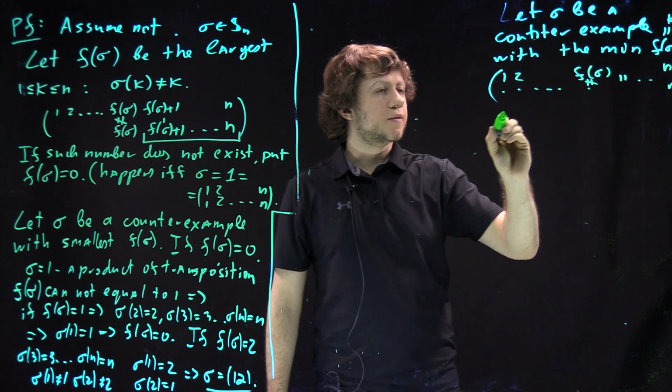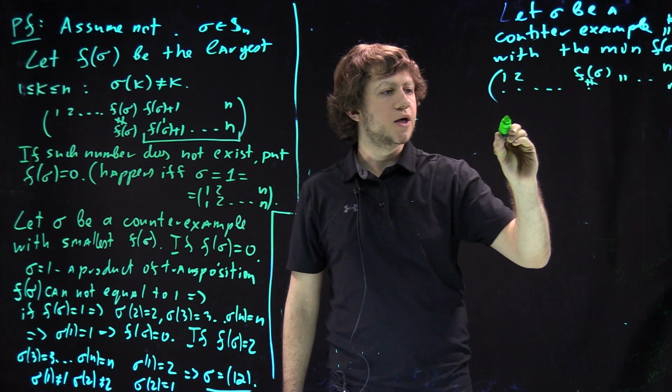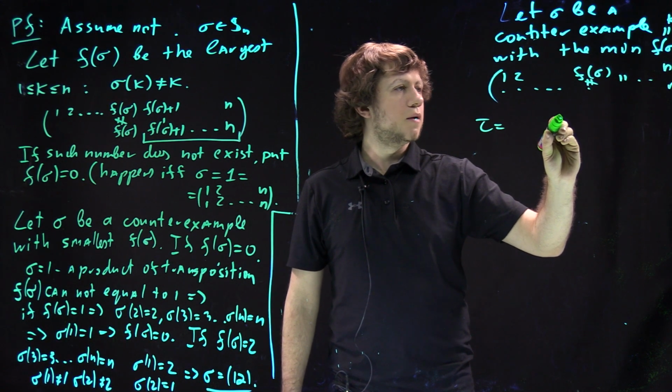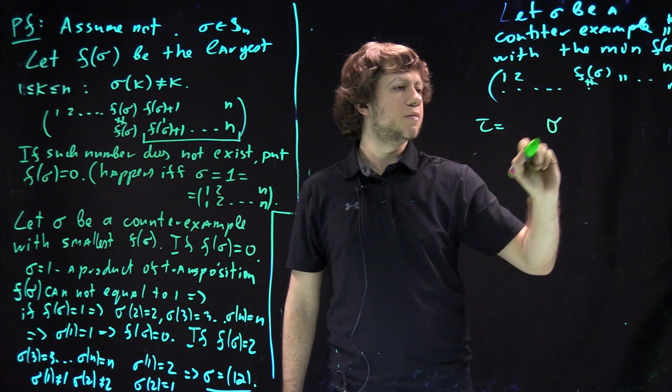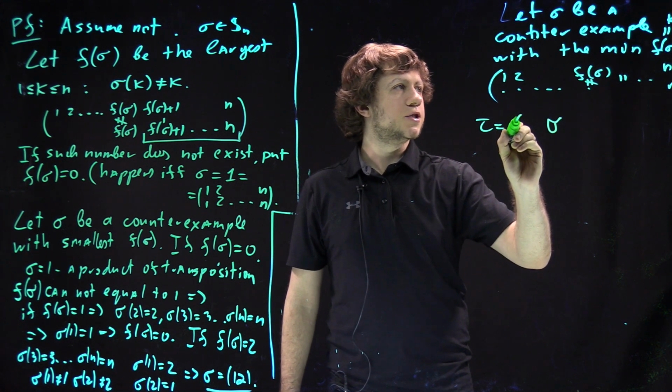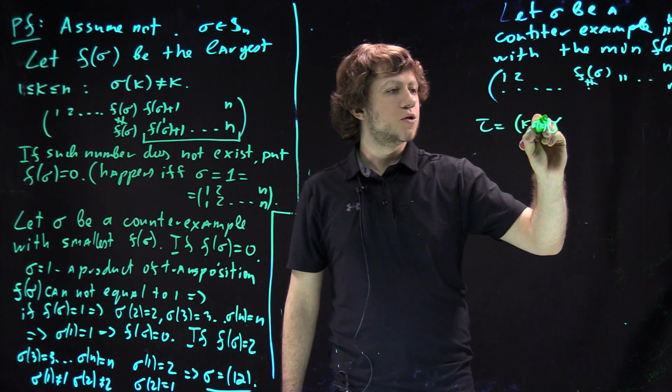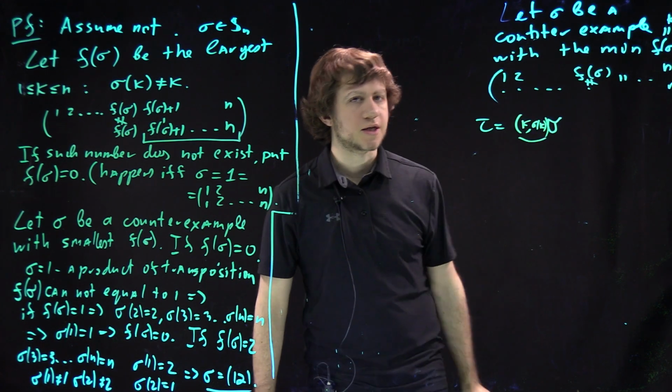So let's take a permutation sigma. Let's take tau equal to sigma, and let's first do sigma, and then exchange k and sigma of k. So that's a transposition, and this is sigma.